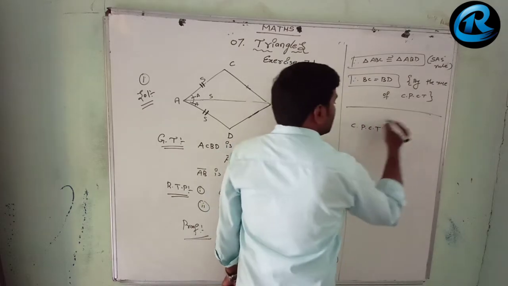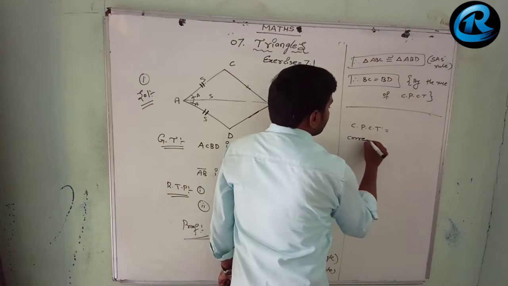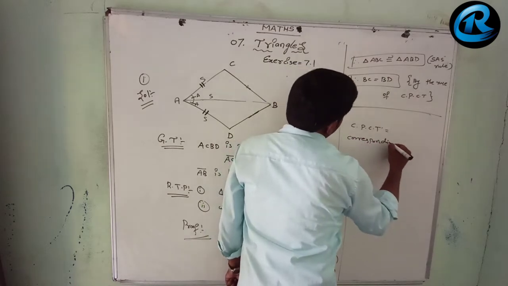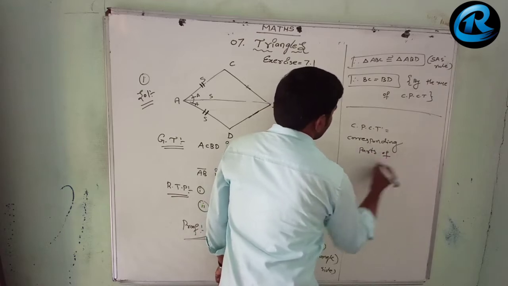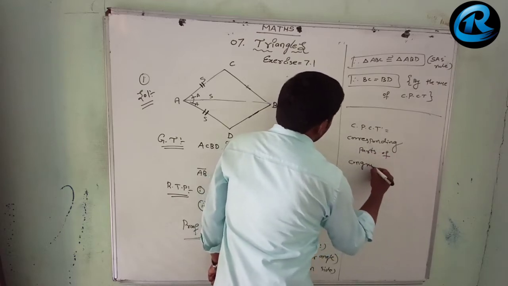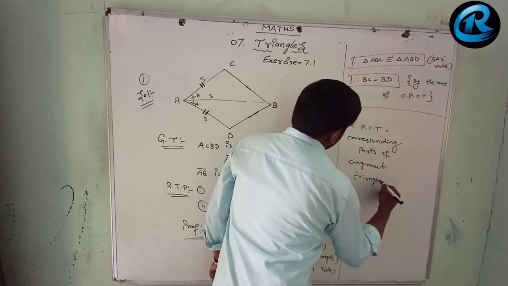okay, this is the end of the solution. CPCT in the sense here, corresponding parts of congruent triangles.